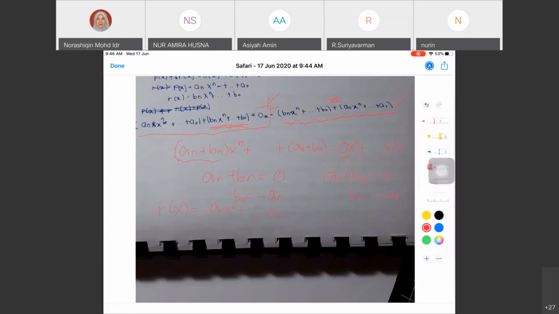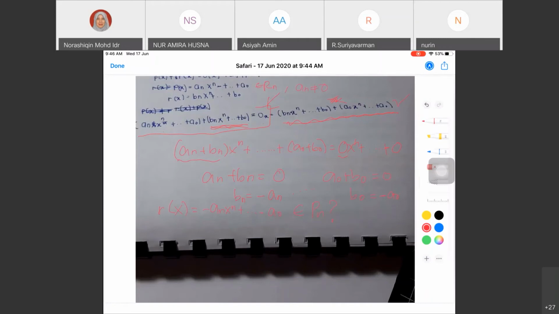So the next question we need to ask is, is this in Pn? What is your reason? Is R(x) in Pn that we got just now? Remember, in order to be in Pn, at least a_n cannot be 0.